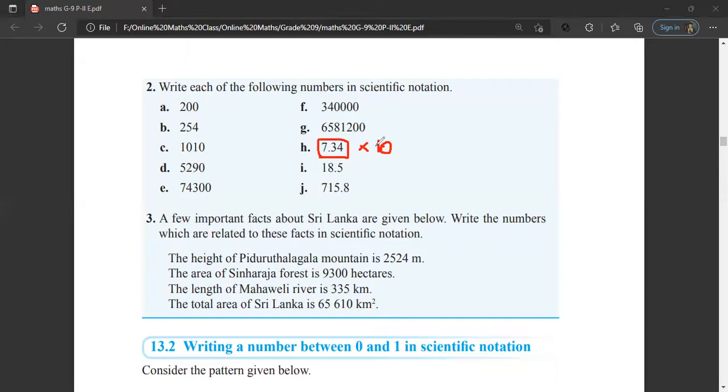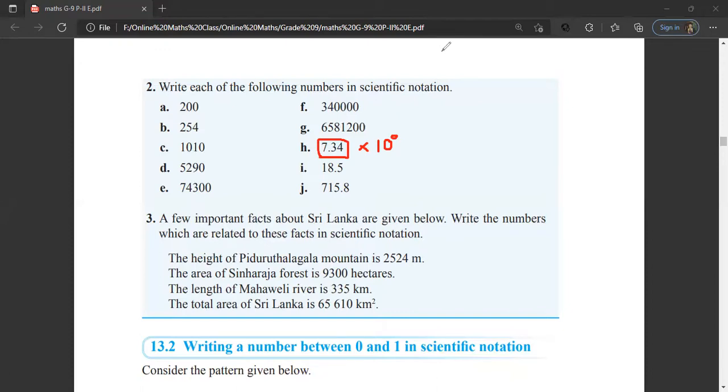So 7.34 into 10 to the power, that means 0, that means one time, no? 7.34 into 1. 1 means 10 to the power 0. That's what.